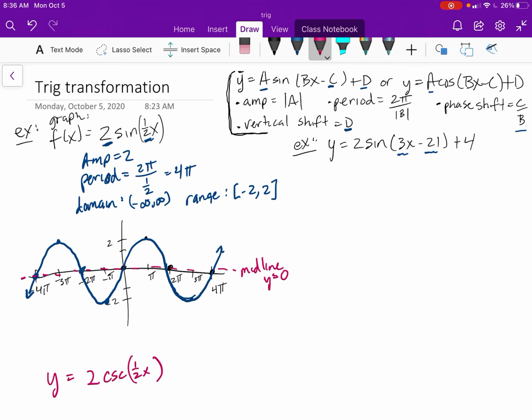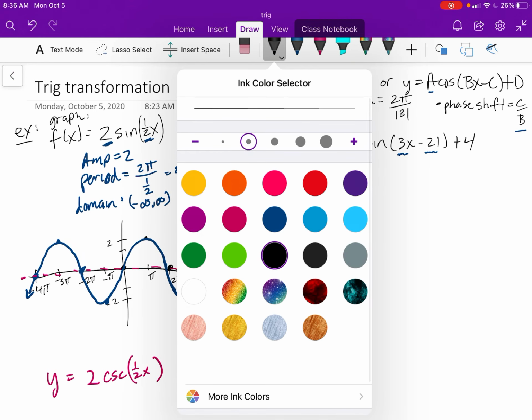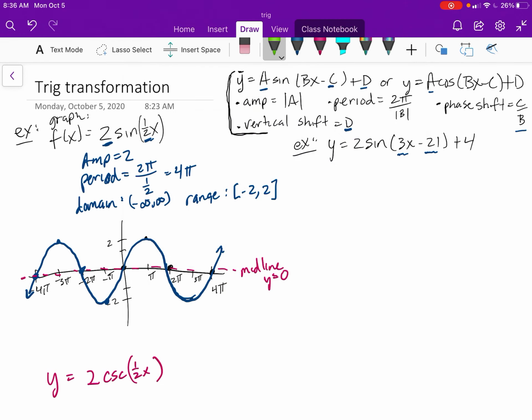We had talked about doing this graph, and let's throw one more color in here. We'll do green for the asymptotes. Anywhere where sine crosses the midline. So here, here, here, here, and here for my 2 periods would be vertical asymptotes for cosecant.